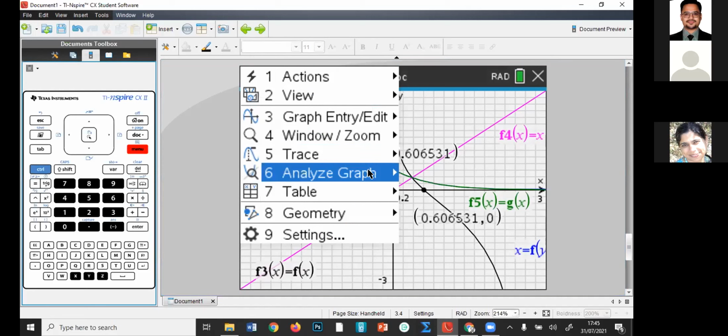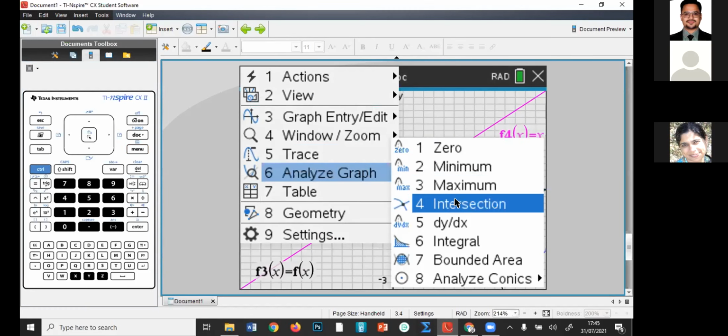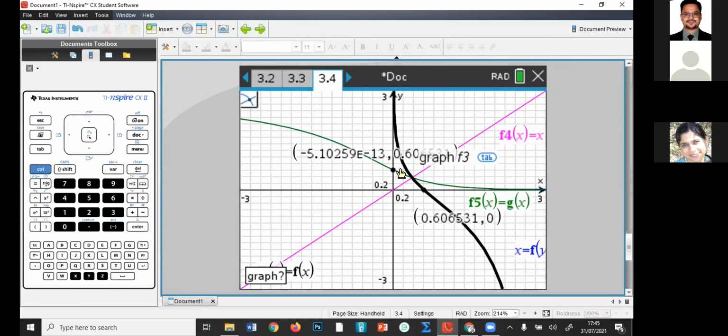So menu, analyze the graph, and let's find the point of intersection. Your first graph is this, and your other graph is this. Why is it asking for corners? It asks for the corners because you have selected the relation first, then the graph. So this corner point comes.